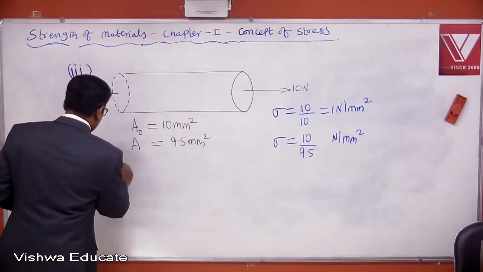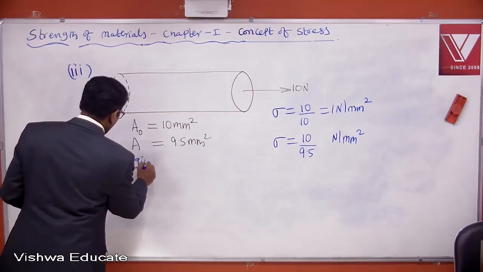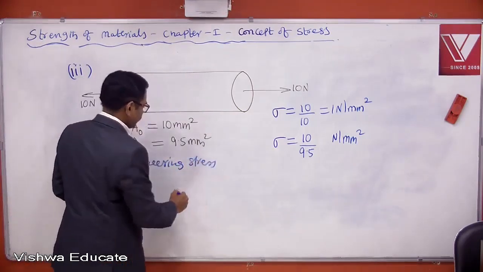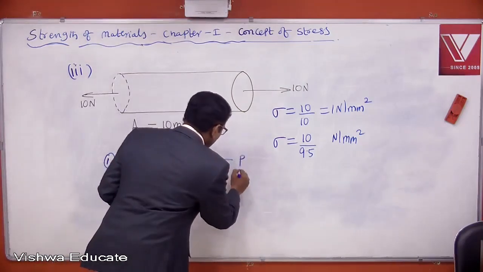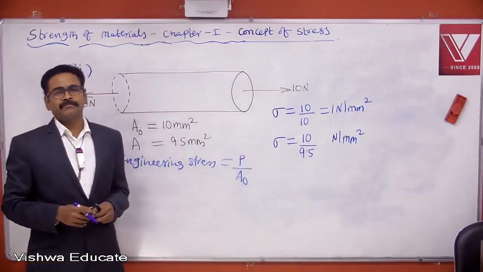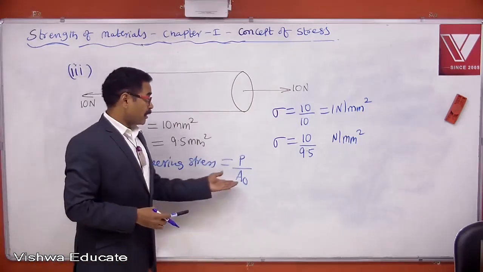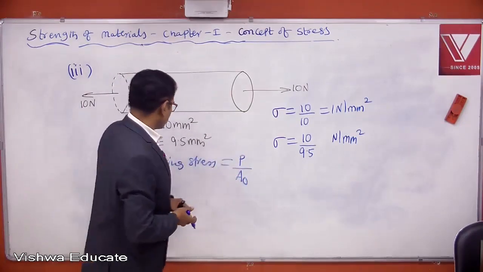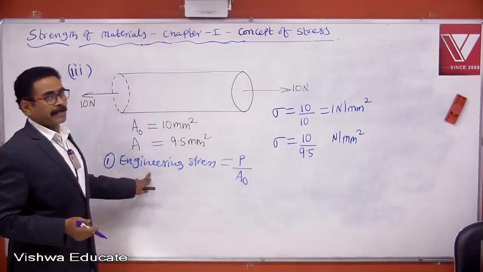First is engineering stress. If you calculate stress on the basis of original area of cross section, area of bar before loading, that stress is called engineering stress.